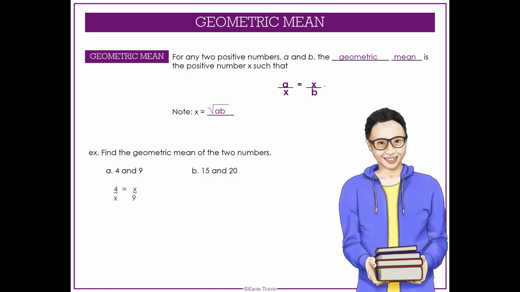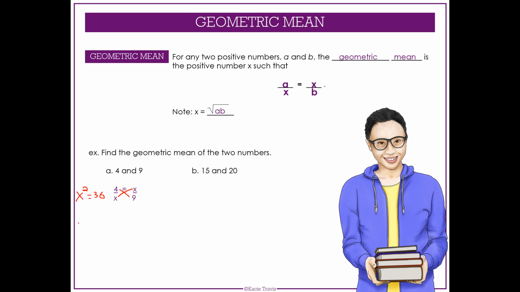Then we cross multiply just like we did before. So we have 4 times 9, and X times X. X times X is X squared, and 4 times 9 is 36.